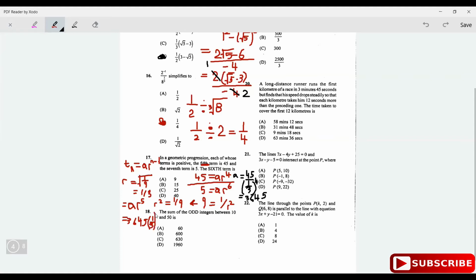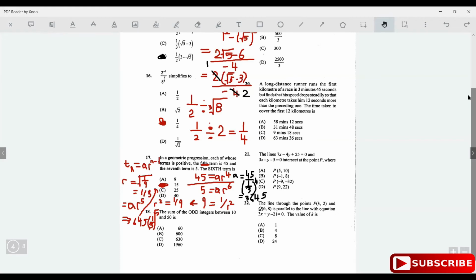You put this in your calculator: 3,645 times 1/3 raised to the 5th power, and I get 15. All of this works out to be 15. Nice and easy. So that is the 6th term.